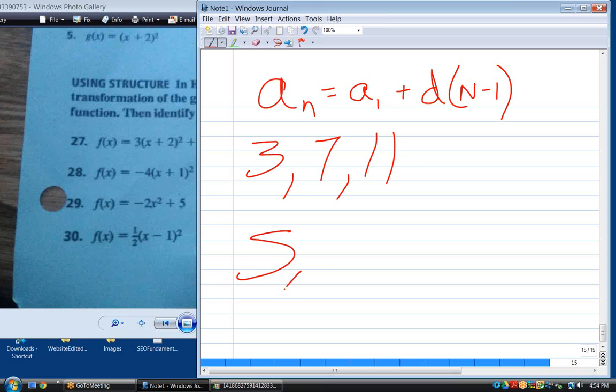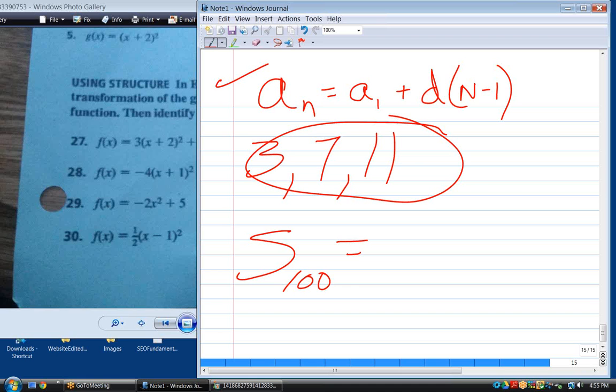If I said, what is the sum of the first 100 terms of this sequence? All I need to know is the first term and the last term. So first of all, I'd have to figure out what the last term was by plugging it into its specific definition, which was 4n minus 1. So I could figure out the 100th term by plugging it into 4n minus 1. Then I would have the first term and the last term, and I could plug it into my sum formula.